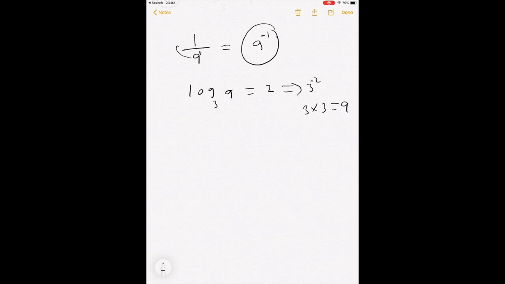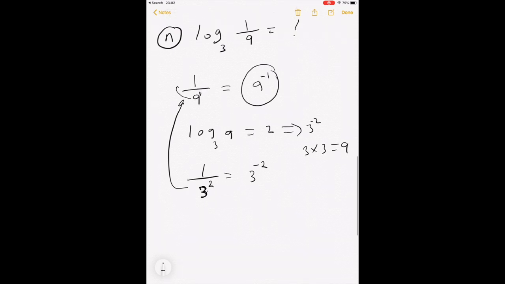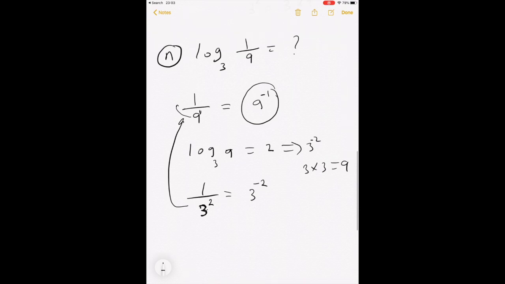So 1 over 3 squared is exactly the same as that, and I could express that in a different way: I could call it 3 to the power of -2. And that's why the answer in this case will be -2.